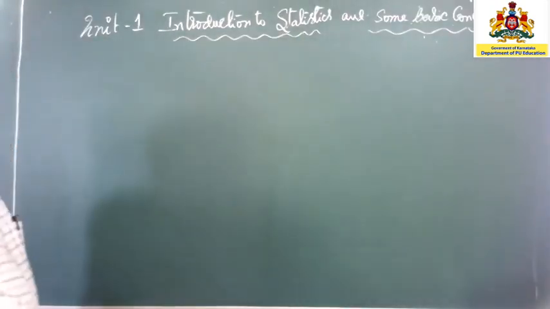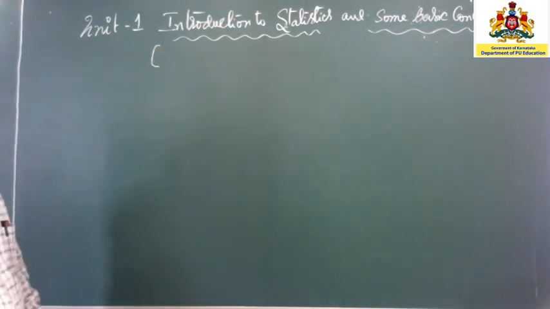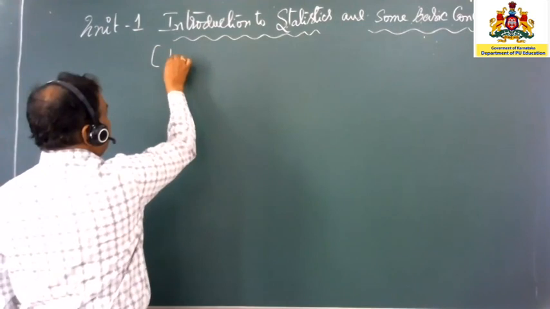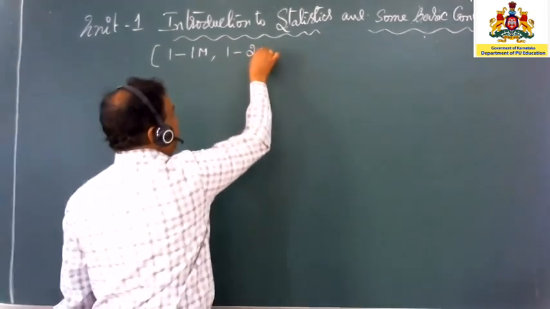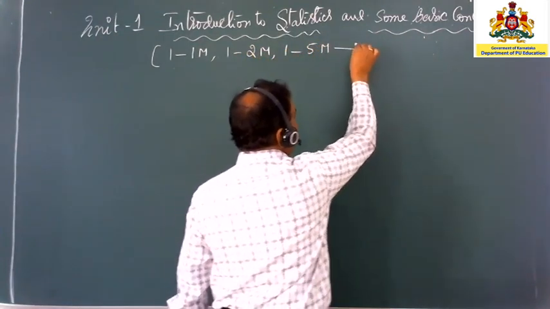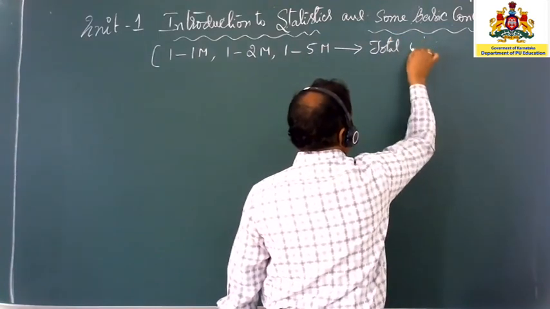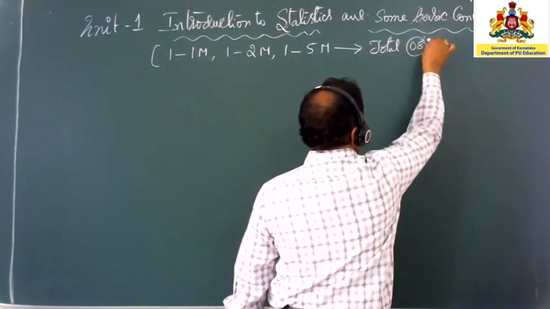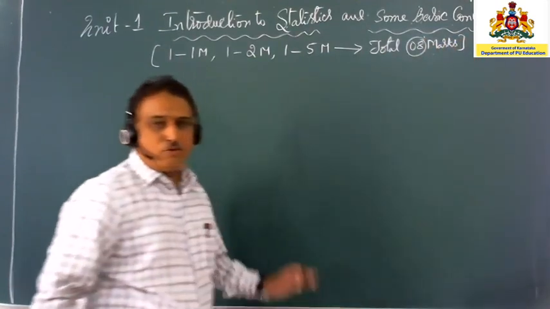In this chapter, according to the blueprint, you will have one 1-mark question, one 2-marks question, one 5-marks question. In total, you will get 8 marks from the first unit.